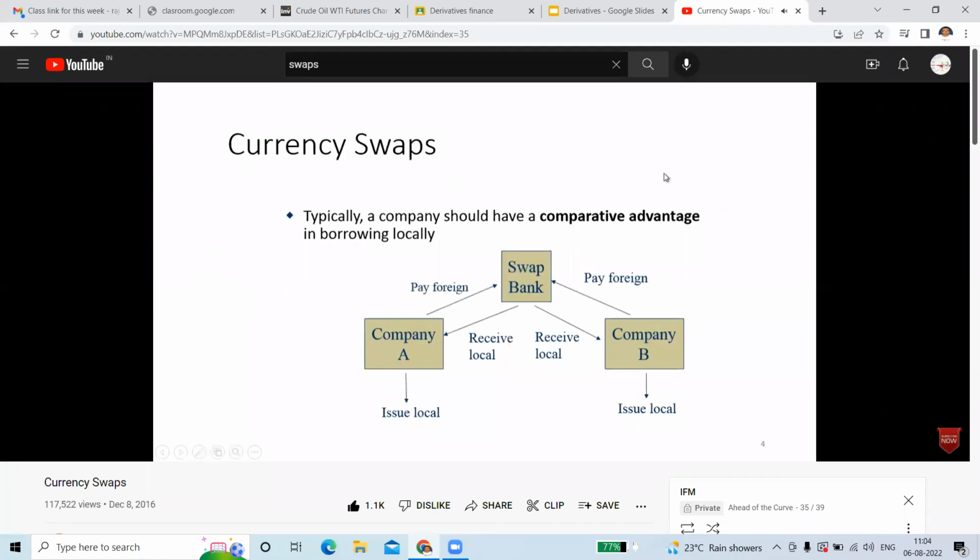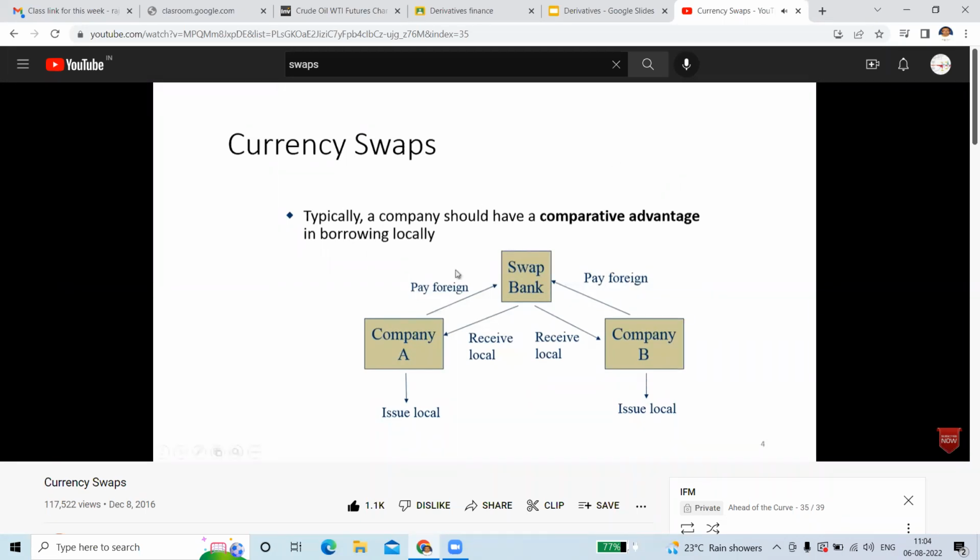And normally, a currency swap takes place because a company has a comparative advantage borrowing locally. What does that mean? That means that they can borrow at a relatively lower rate than their counterparty can in their local market.